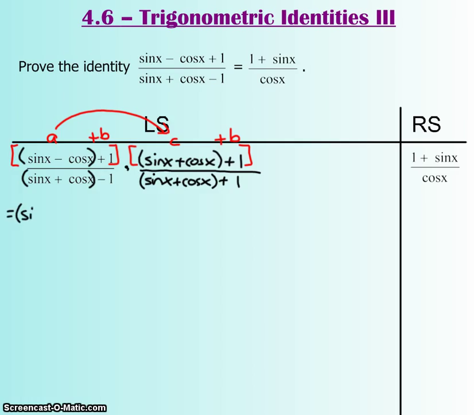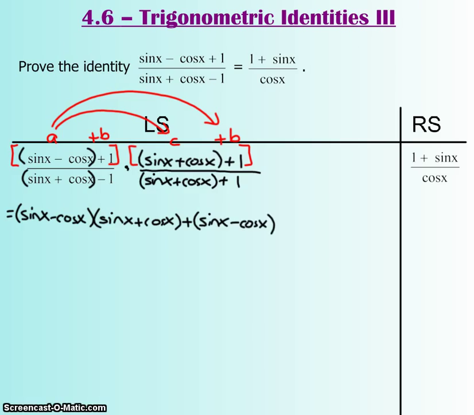Equals sine x minus cos x times, and then c was sine x plus cos x. Alright, so that's done. Then we're going to do, for outside, that's a times b plus 1 times the brackets. So that's just going to be the brackets.